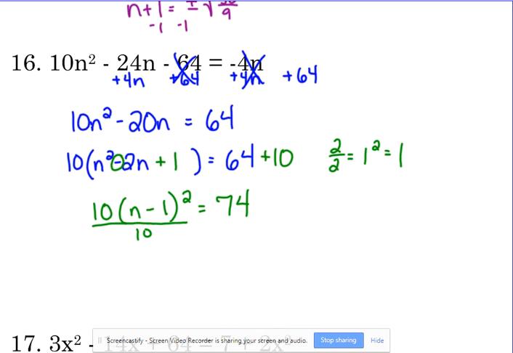We need to divide both sides by 10. 74 over 10 will reduce. Those are both divisible by 2. So 37/5.